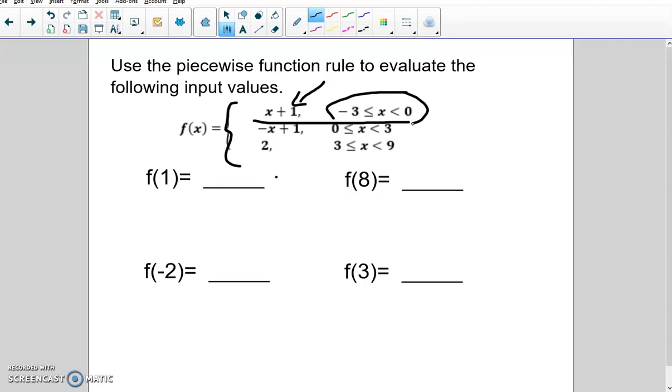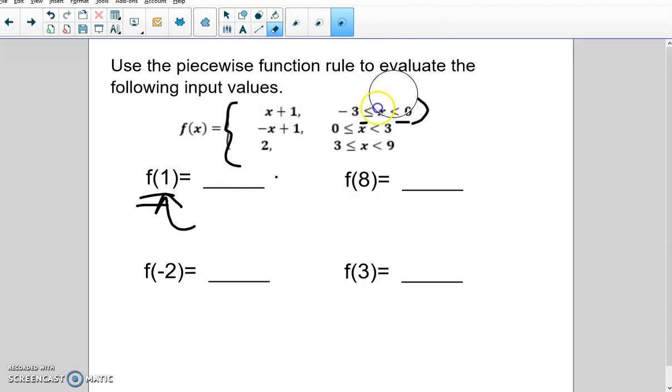And so let's look at this here, f of 1. So what that says is I'm going to input 1 into this function. And when I input 1, I've got to decide now with this piecewise function, well, which one of those actually apply to what I'm dealing with here. So 1, that's going to fall between 0 and 3.